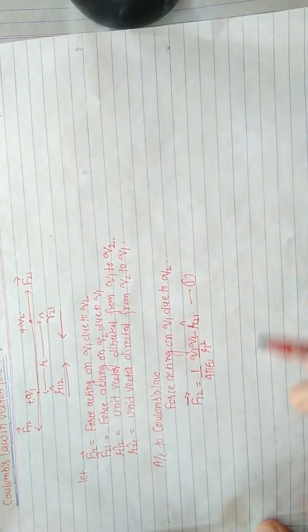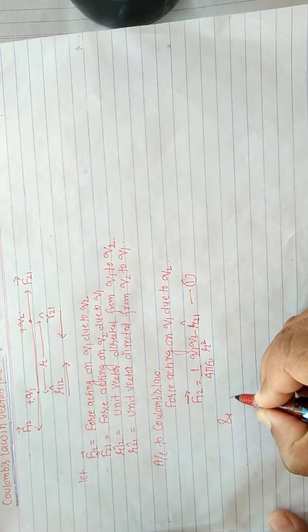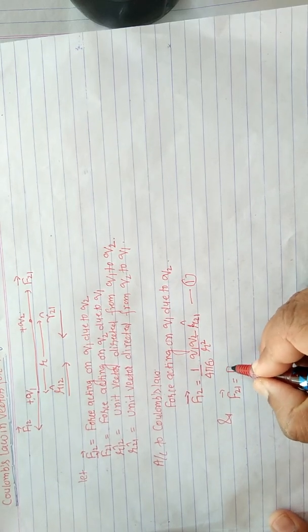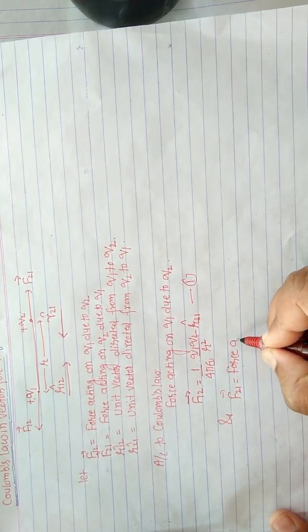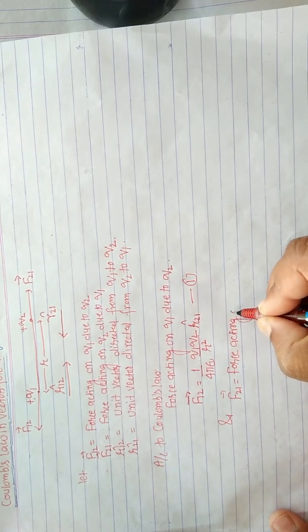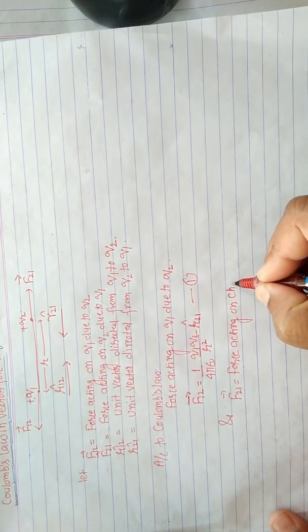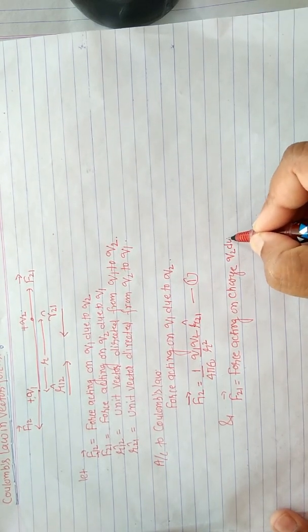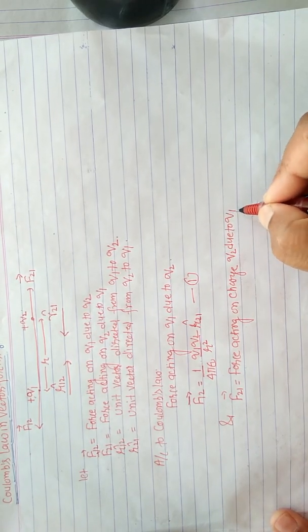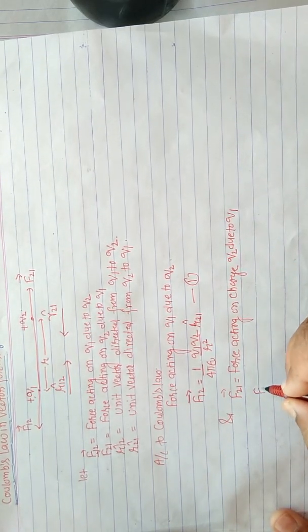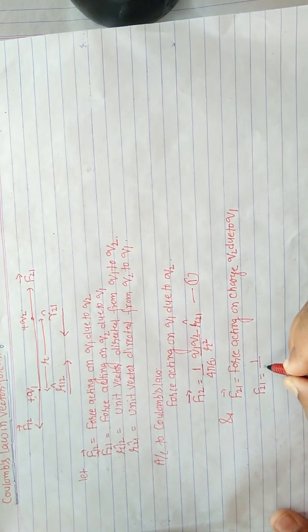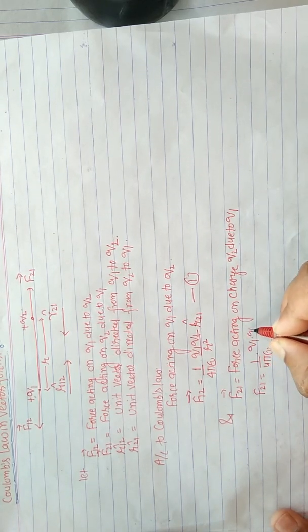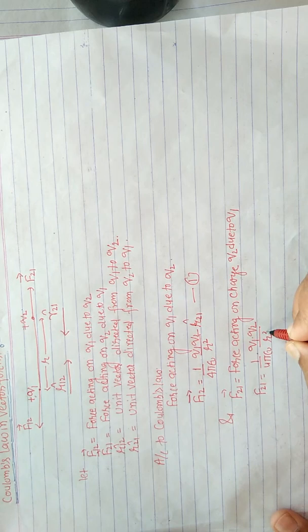Similarly, F21, what is this F21? This one is a force acting on charge Q2 due to Q1. So this will be equal to 1 upon 4 pi epsilon naught Q1 Q2 upon R square.